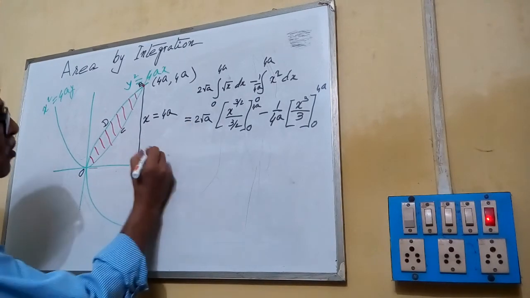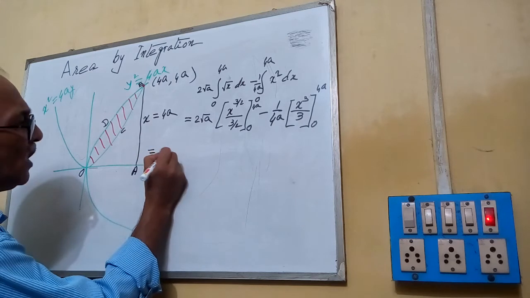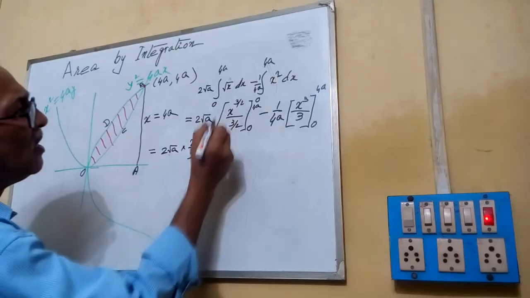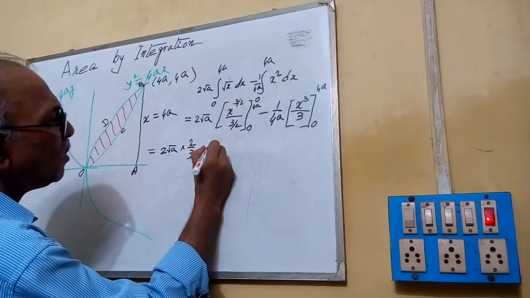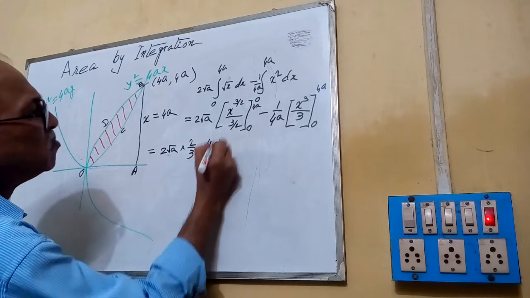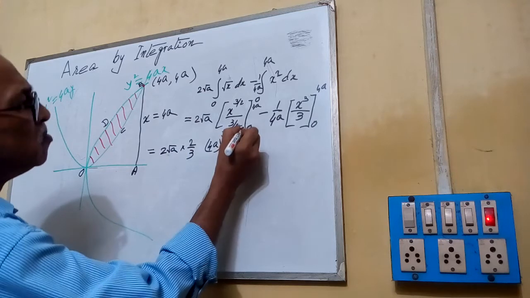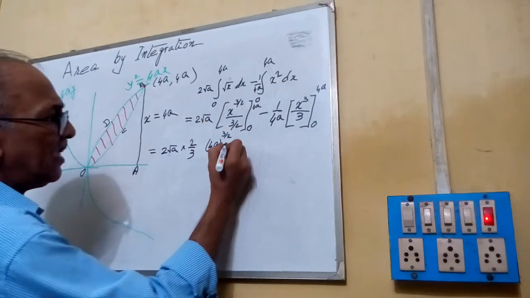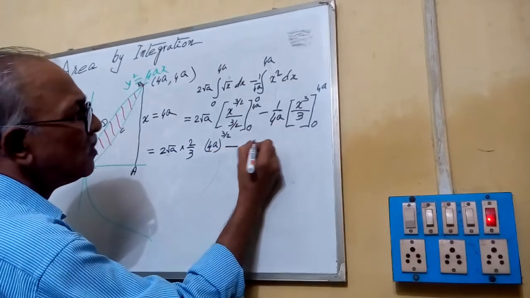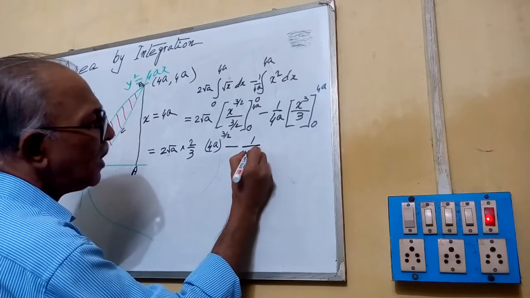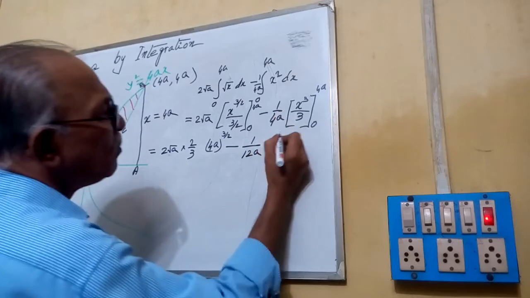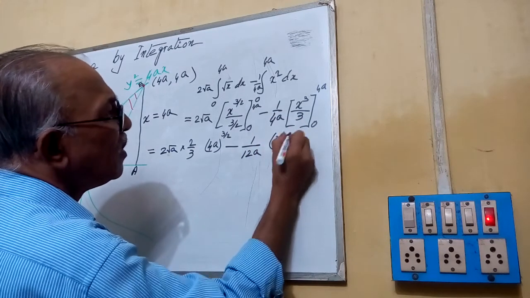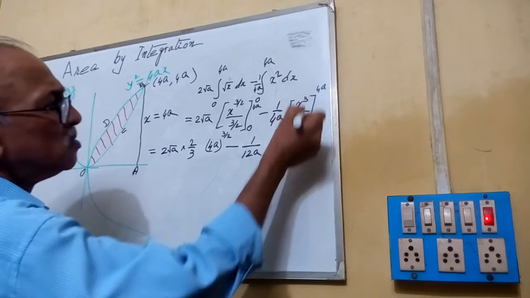This one, as you know, equals 2 root a into 2 by 3 into 4a to the power 3 by 2, minus 0, I am not writing, minus 1 by 12a into 4a whole cube.